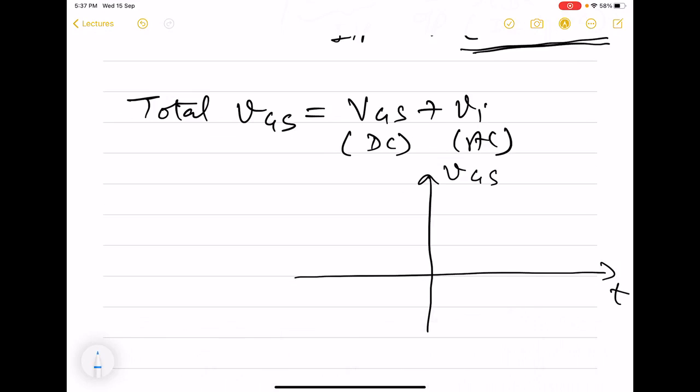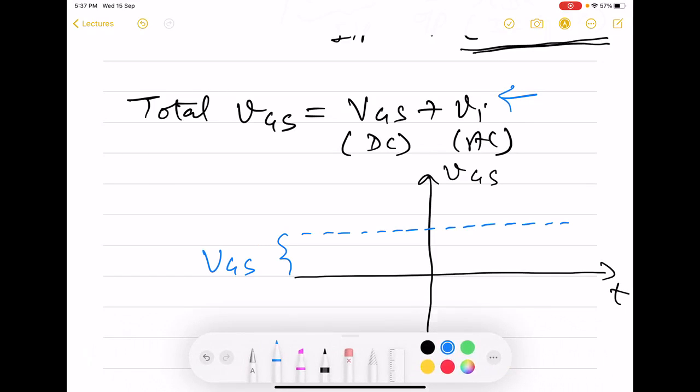So DC is, let us say, here. Our time varying AC is varying about this DC line. So the actual waveform is going to be like this.